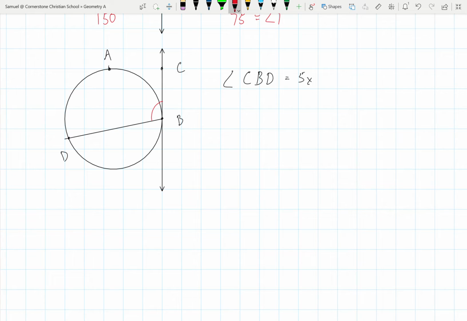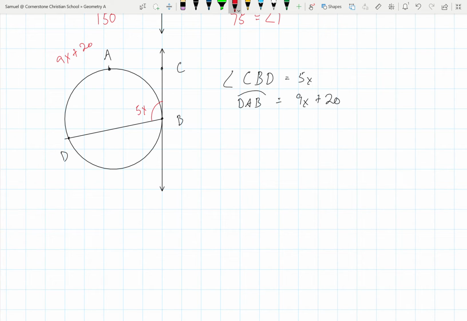And I'm told that arc DAB equals 9x plus 20. And I'm asked to solve for x. Figure out what x equals. So again, DAB is this whole arc over here, and it's 9x plus 20. And this angle right here is 5x.